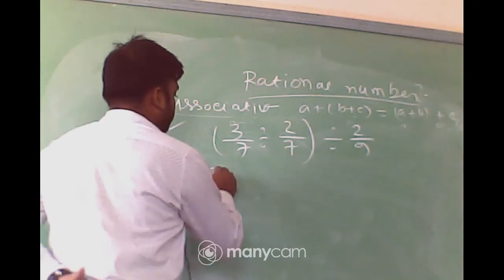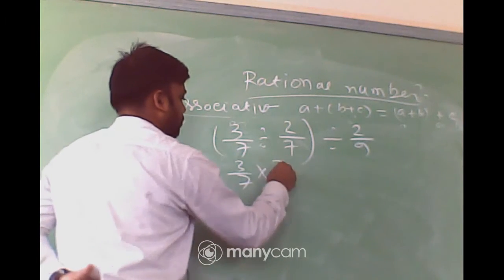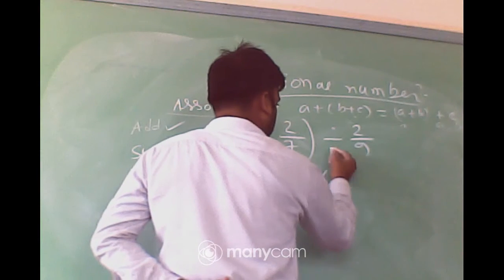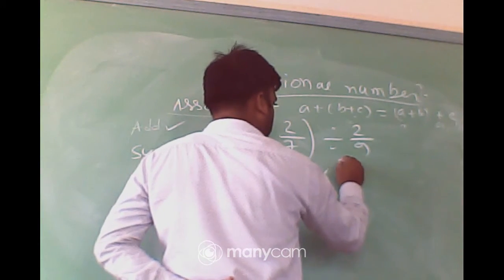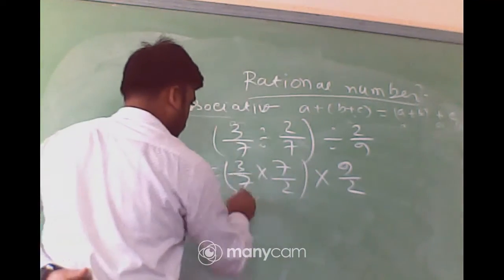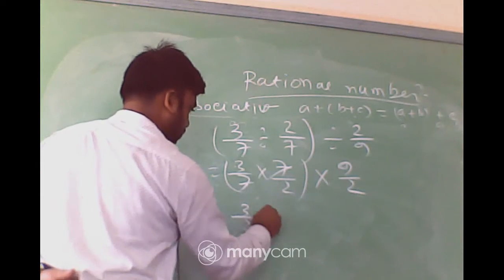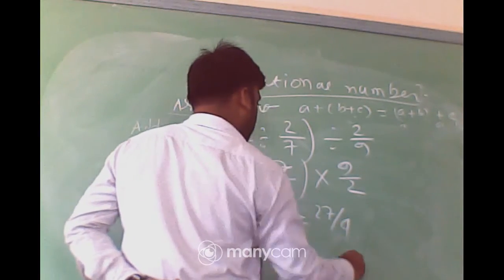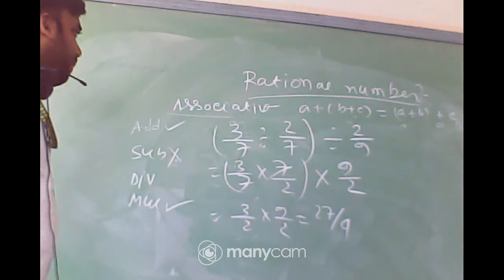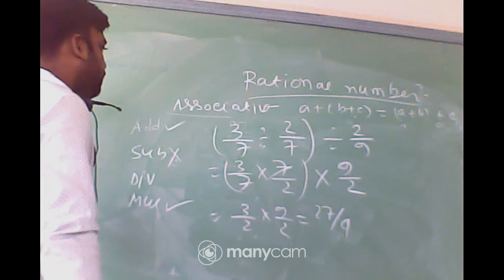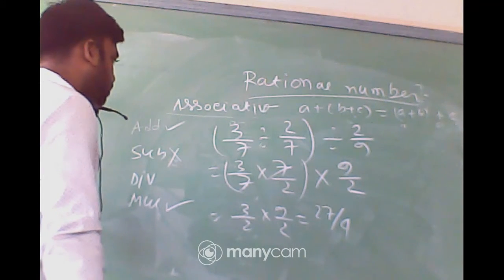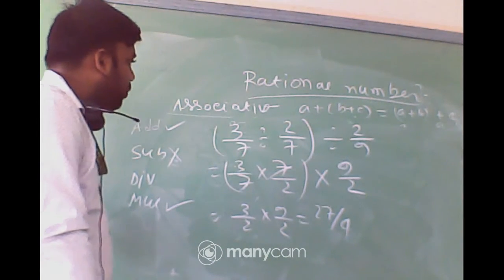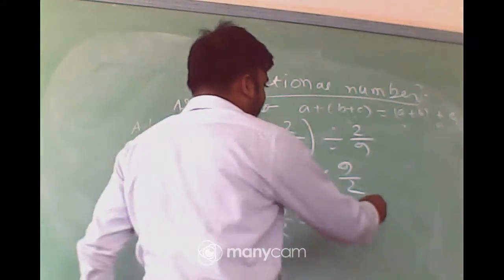So that is 27 by 4. 27 by 4. Now change it like that.